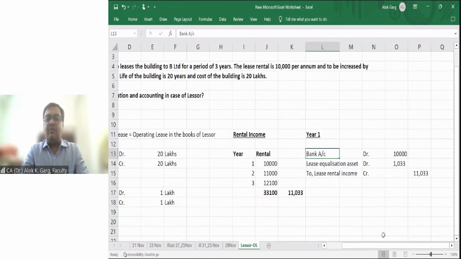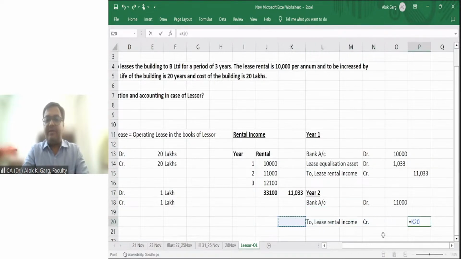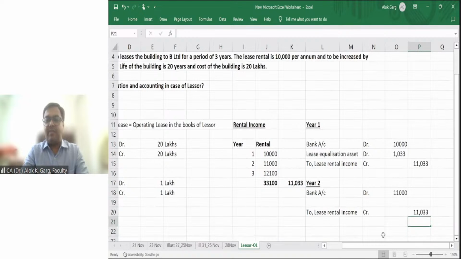What will be the accounting in year 2? Bank account will be debited by 11,000. To lease rental income, credit by 11,033.